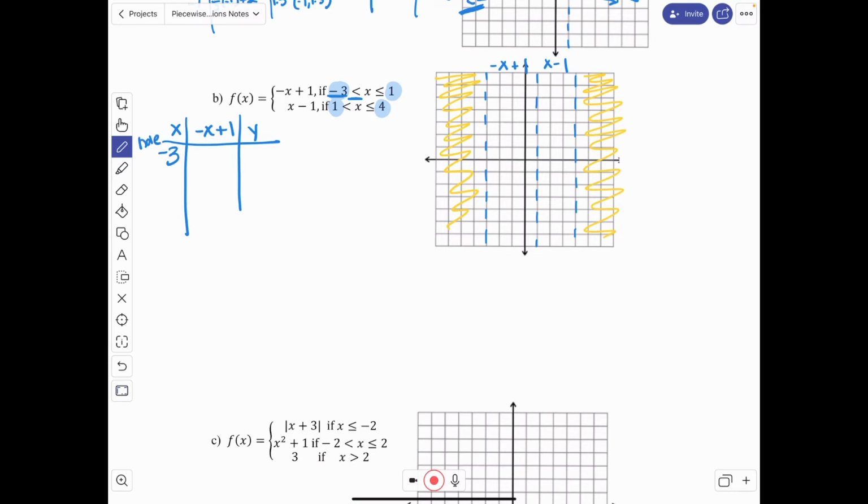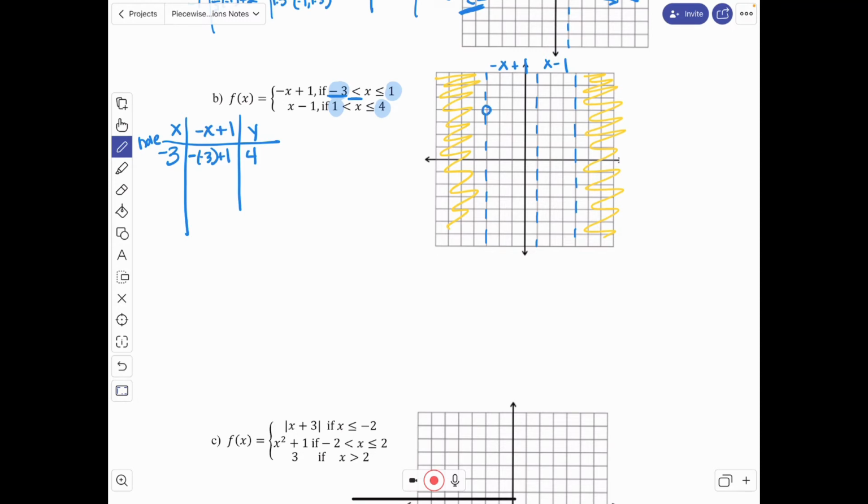It can only be filled in if it's equal to, okay? So I've got a negative, and then negative 3 is when I'm plugging it in. Negative is from the problem here. So that's going to turn into a positive 3. Positive 3 plus 1 is 4. So my first point is going to be negative 3, positive 4.